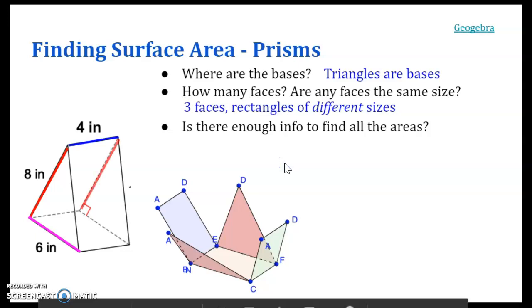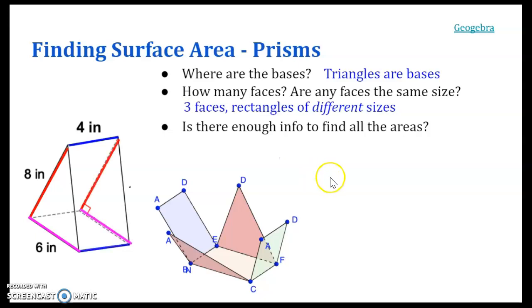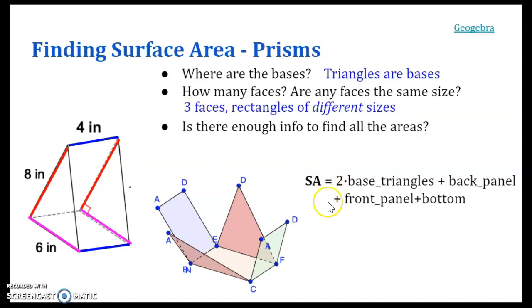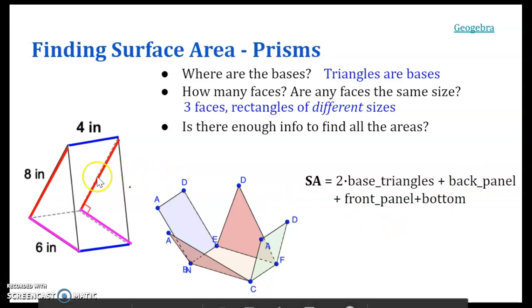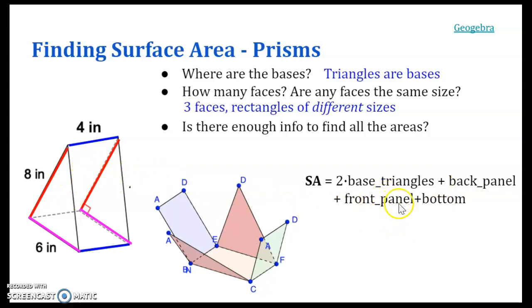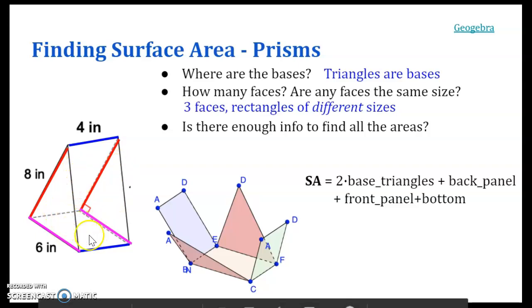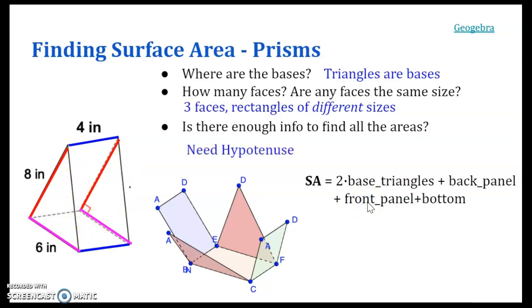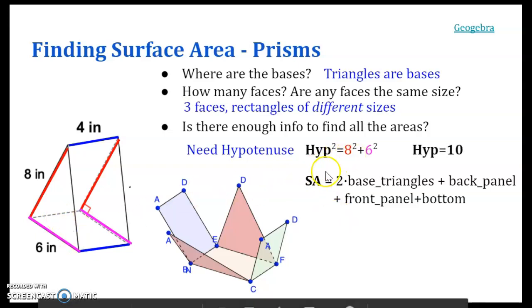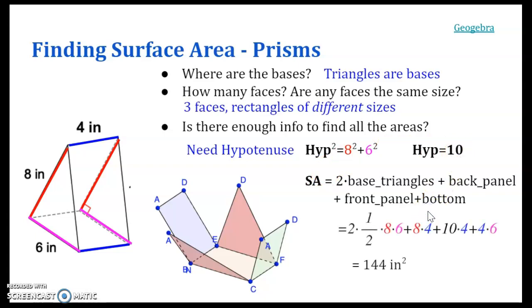So surface area is 2 times the area of the triangle base, plus the back panel, plus the front panel, this is the front panel, and the bottom. Be systematic so that you do not miscount anything. And again, the hypotenuse is 8 squared plus 6 squared, so it's going to be 10, and then from there you get this, and you get 144. I will continue with the next recording.